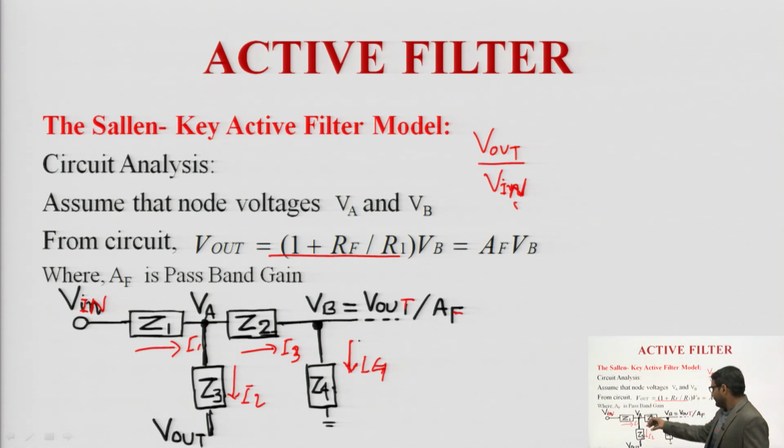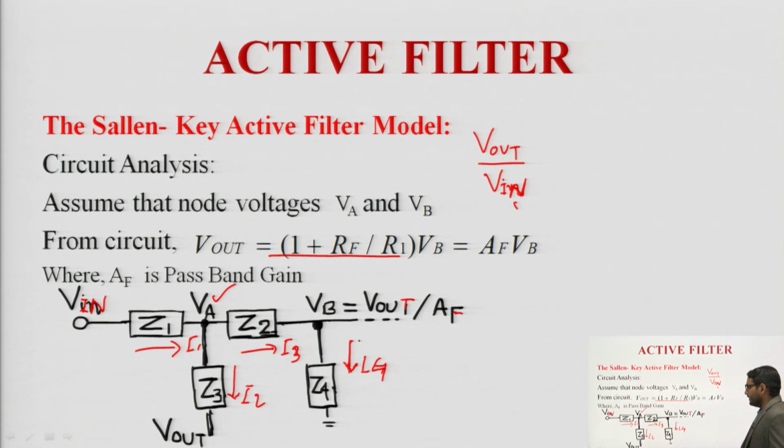So here we have VA and VB. V out is a known term, because we are trying to find V out by V in, and we find the node voltage VA in terms of V in, VB and V out.